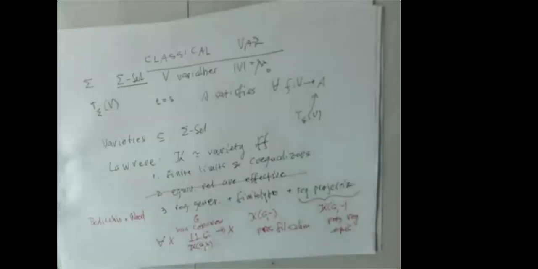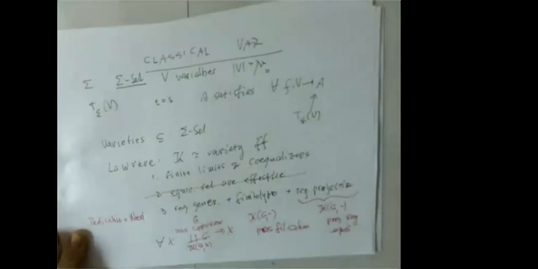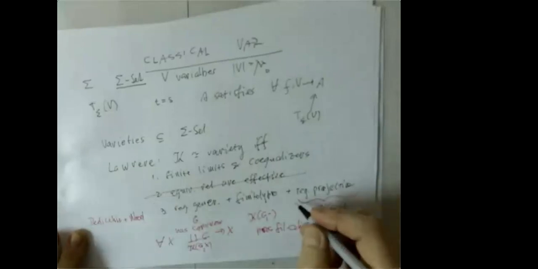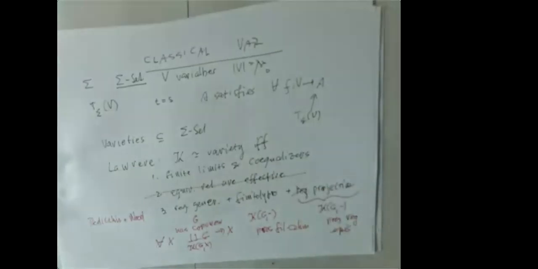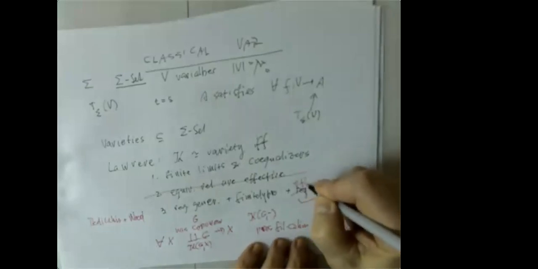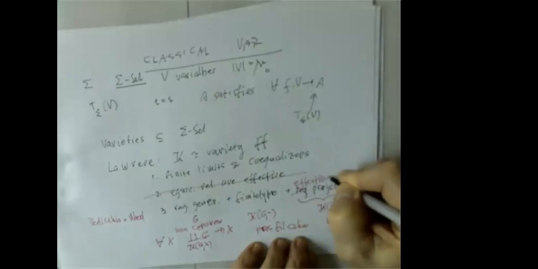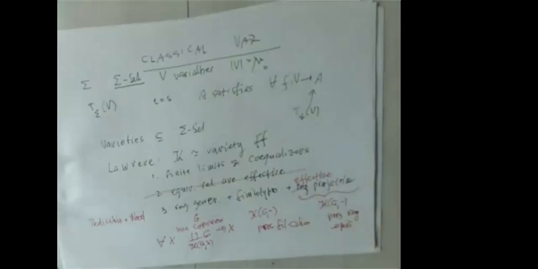So what Pedicchio and Wood did was to say, if you want to get rid of condition 2, you have to be a bit more strict about projectivity. And this means what they called effective projective, which means that the Hom functor not only preserves regular epimorphisms, it preserves co-equalizers of reflective pairs.